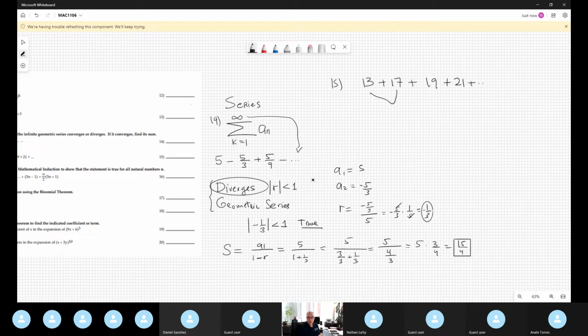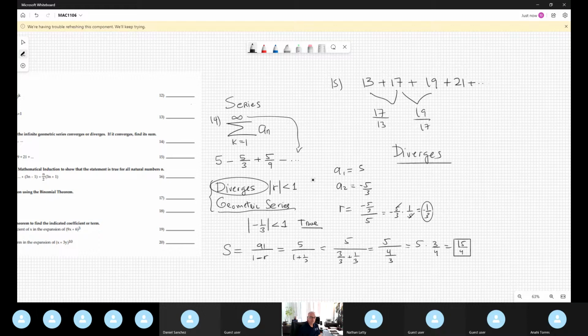When you divide 17 by 13, it's not equal to 19 over 17, the second division. So no common ratio, not geometric, it doesn't satisfy this condition. Then the answer is divergent.